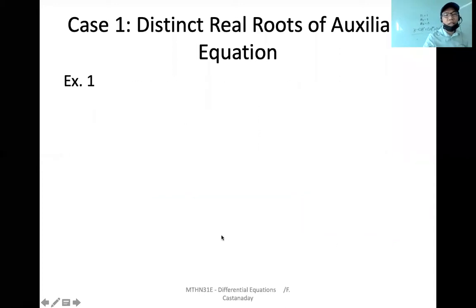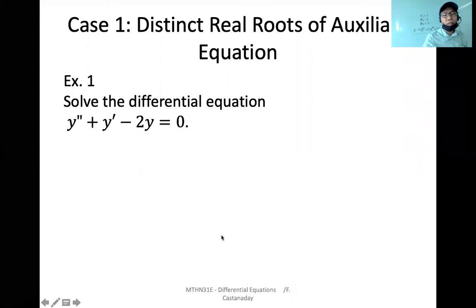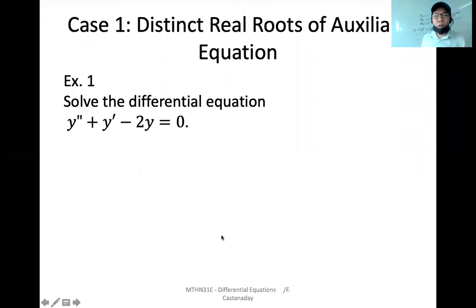Sige, mag-example na tayo. Solve the differential equation y double prime plus y prime minus 2y equal to 0. Okay. Ano yung steps? First, since naka-prime yan, okay lang din naman kapag naka-prime, di ba?